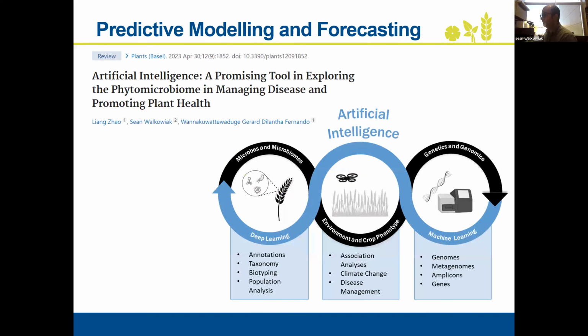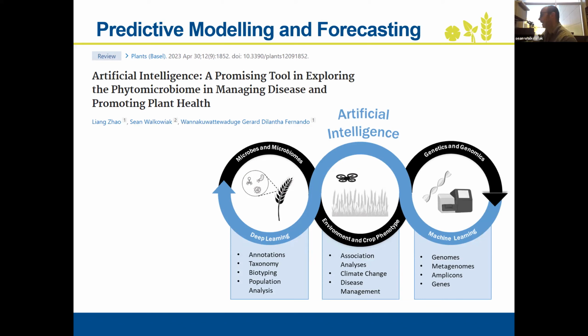On the environment side, once you're packing on all these different types of data, it becomes difficult to parse what's important and what isn't. And this is where machine learning and AI becomes really, really important.